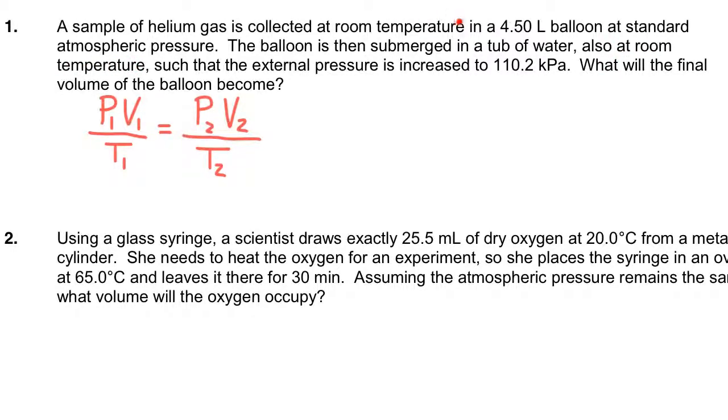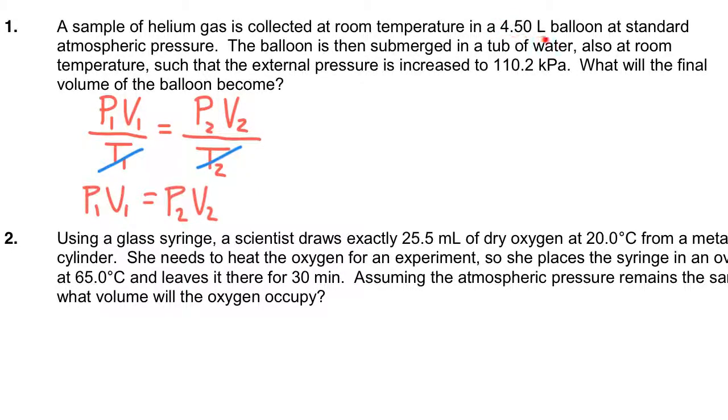So T1 and T2 are the same. We don't need to know what the temperature is because all we need to know is that there's no change. They're not changing. We can actually remove that from our formula here. So what we're left with is this.